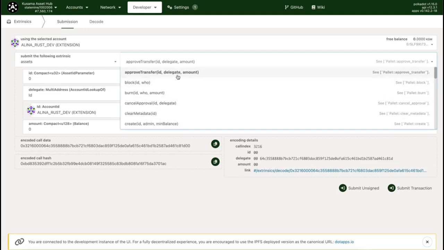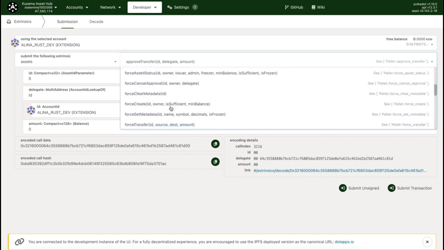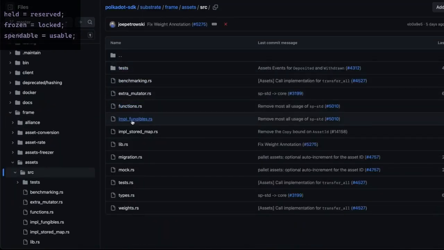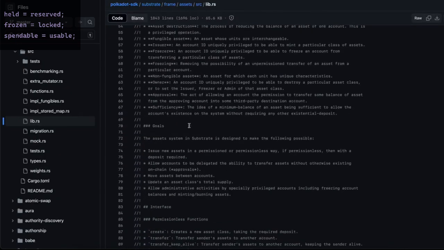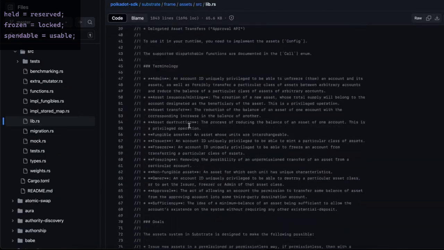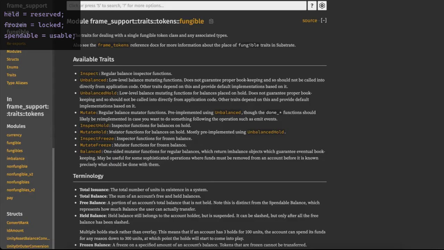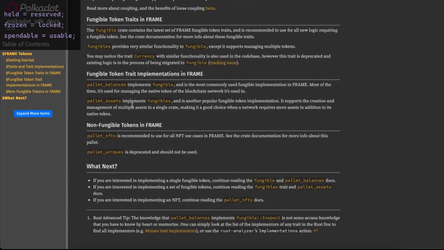So here is approve transfer, block, burn, cancel approval, clear metadata, create, destroy. Let's take a look at the assets pallet. There's terminology here, and also for better understanding we can take a look at the same description but from here.